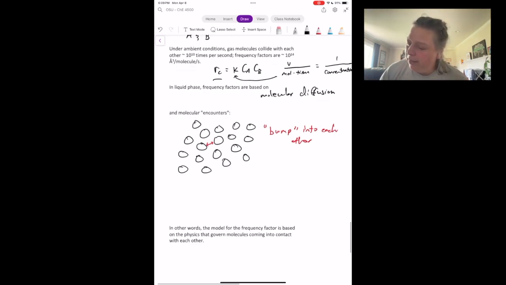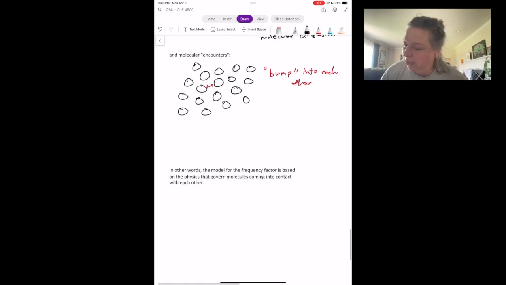So basically, if I take all of this together, what we see is that the model for the frequency factor is based on the physics that govern the molecules and how often they come into contact, which makes sense given that the frequency factor quantifies the total number of possible opportunities for a reaction to occur.